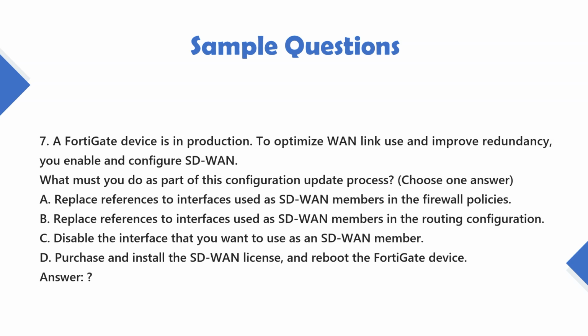B. Replace references to interfaces used as SD-WAN members in the routing configuration. C. Disable the interface that you want to use as an SD-WAN member. D. Purchase and install the SD-WAN license, and reboot the FortiGate device.